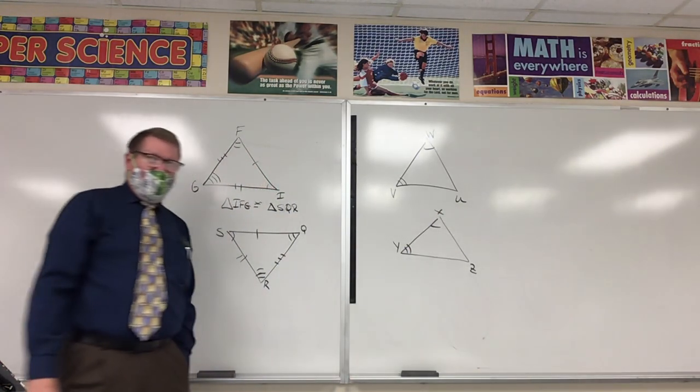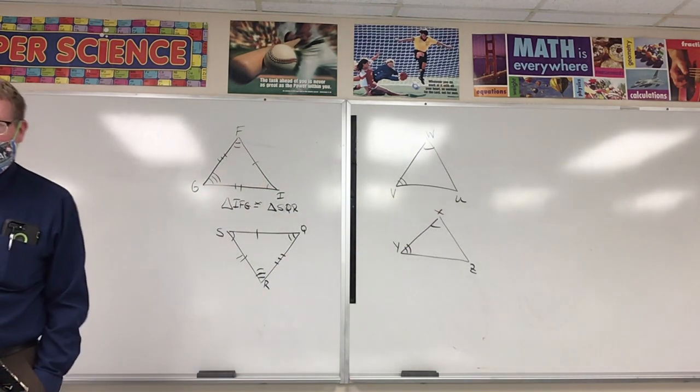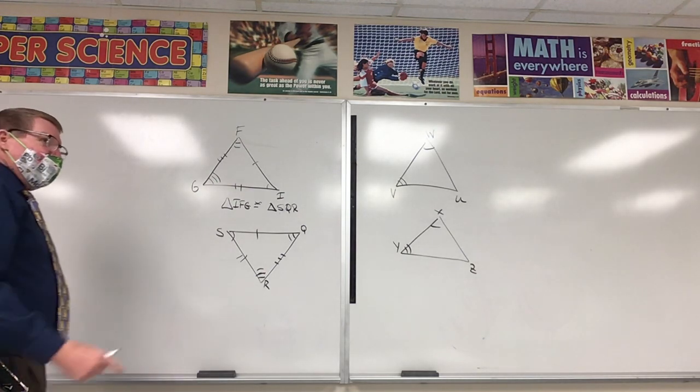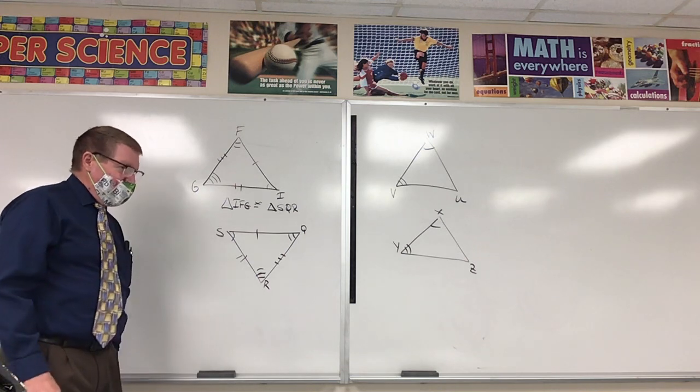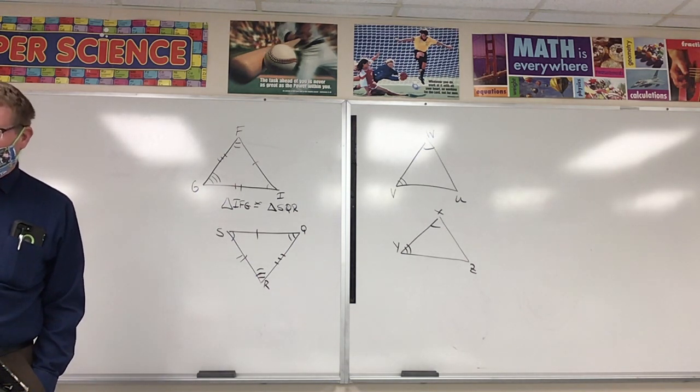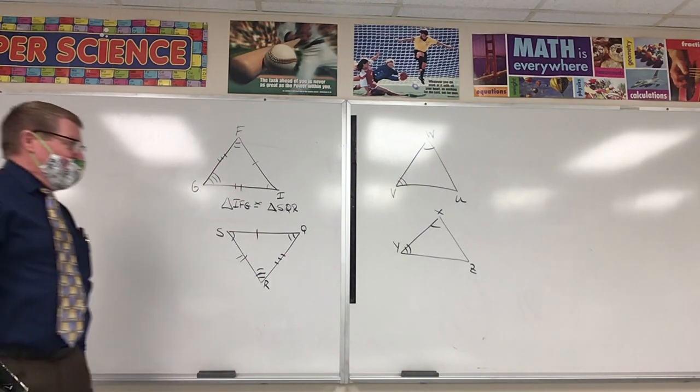U is congruent to Z because of third angle theorem. Two angles of one triangle congruent to two angles of another triangle, then the third angles are congruent. Makes sense, because what do we know about a triangle?